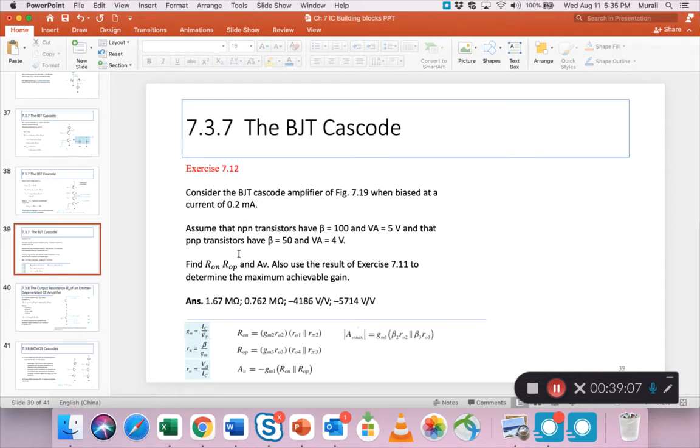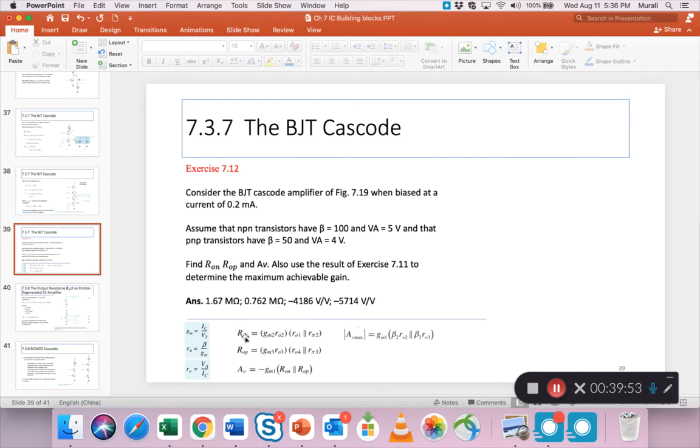For NPN or BJTs, you need to find these three parameters: transconductance, input resistance, output resistance for the devices. Then the output resistance for the whole network or the whole circuit. This is RO. Well, there's a positive and a negative. Sorry, not positive, negative. For the NPN device, it's RON. For the PNP device, it's ROP. Similar to what we had for the CMOS, where the P devices, which were the current source load, had ROP, and the gain cell, which were NMOS devices, had RON.